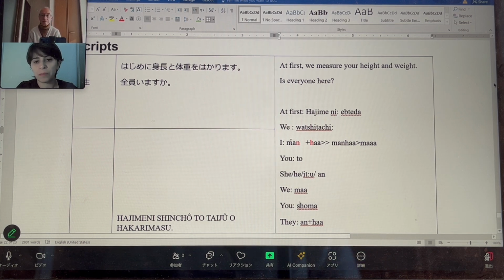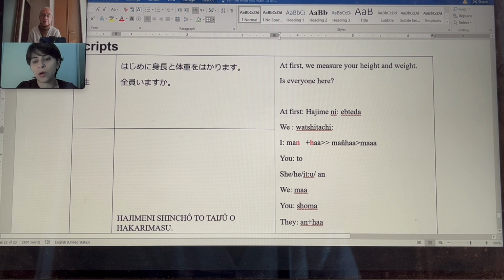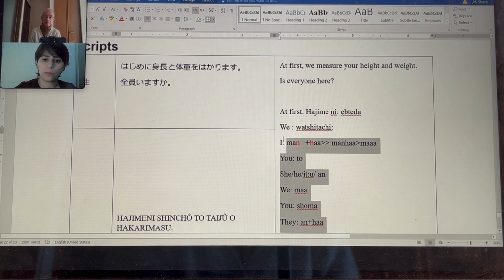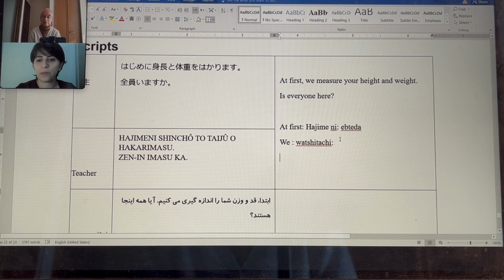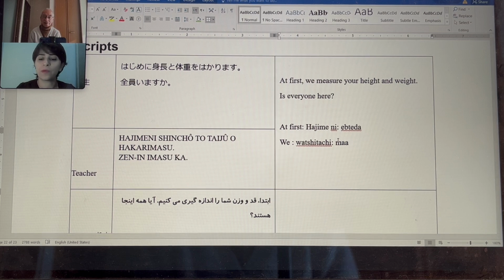But for man, I can say it was man plus ha, ma, to, u, ma, shoma, unha. This un turns into unha with the plural sign ha. So what is we? Ma. Okay.